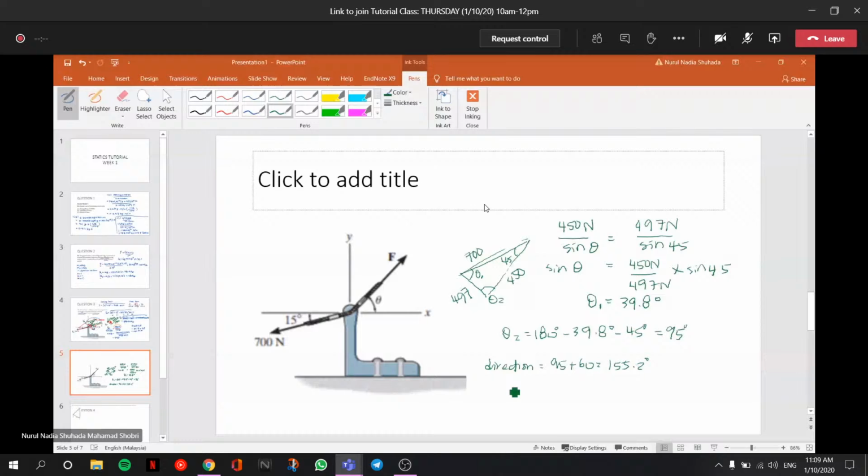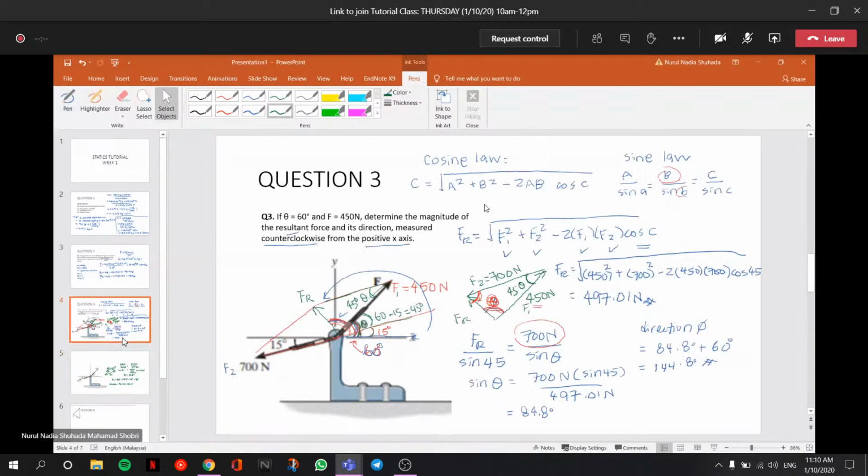The value is a bit different, but I will get back to you later. I think I miscalculated something somewhere. This one I will get back to you guys later, and we proceed with question number 4 first.